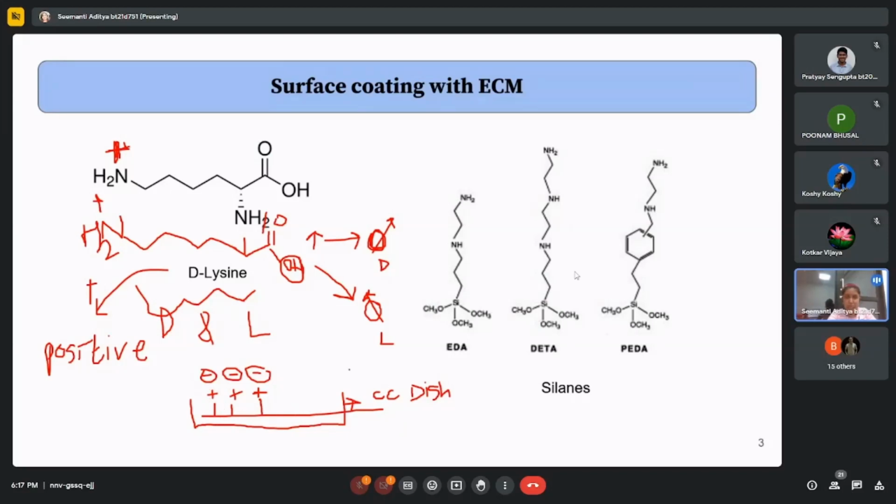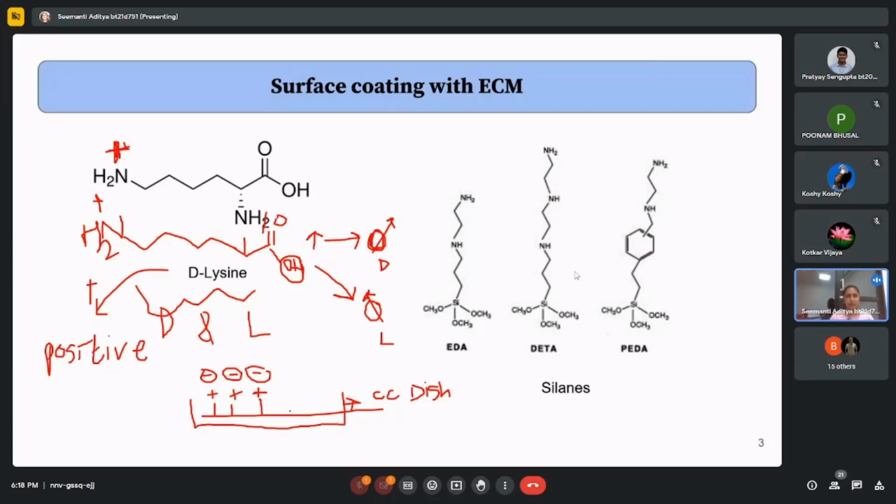If we have too many positive charges or too few, then the cells will not have enough electrostatic interaction to bind with the poly D lysine coating. So the concentration of poly D lysine that we need to use, so that the cells can adhere, will be different.